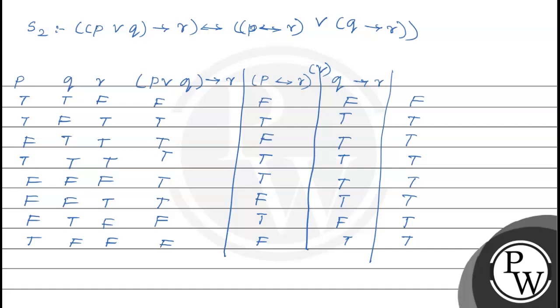Now, finally, we will take if and only if for both P or Q implies R, and P if and only if R disjunction Q implies R. So on taking the final if and only if, we are going to compare these values.